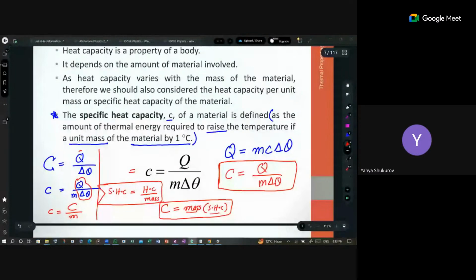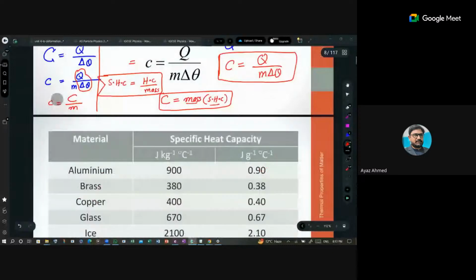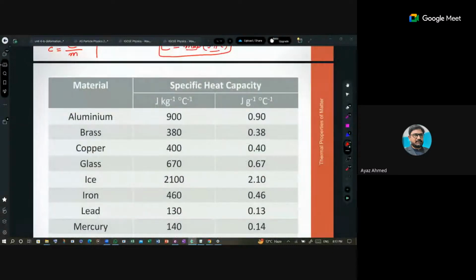Every material has a different specific heat capacity. I told you that specific heat capacity means the heat required to change the temperature of 1 kg of that substance. Now look, for aluminium it is 900 joule per kg per degree centigrade.